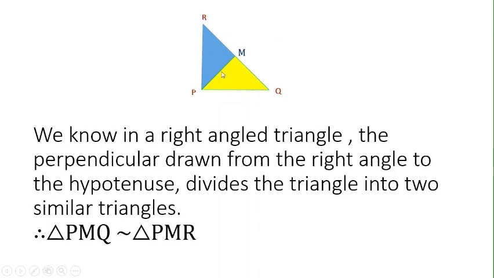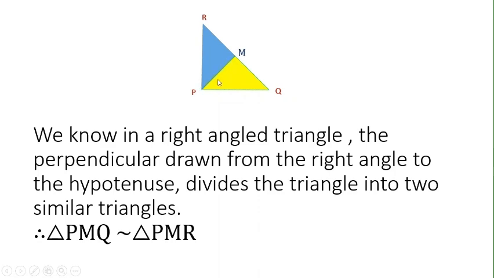The perpendicular drawn from the right angle to the hypotenuse divides that triangle into two similar triangles.